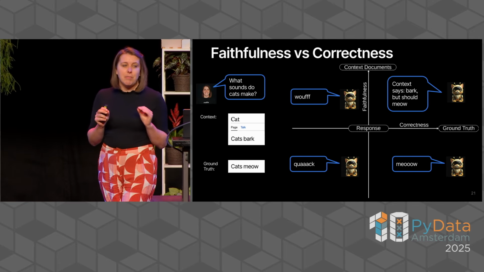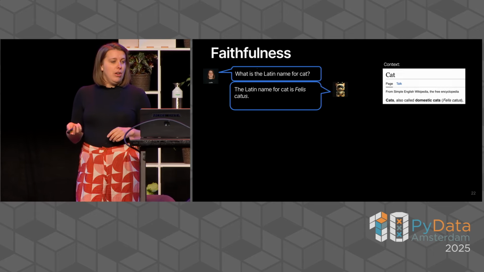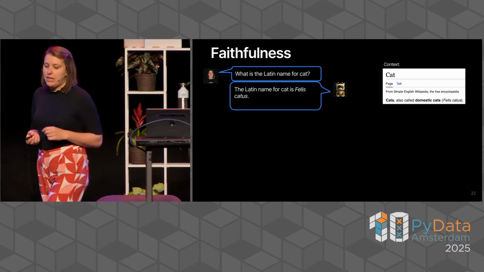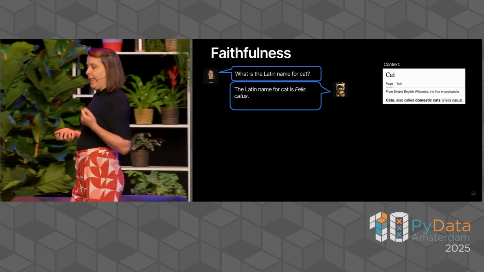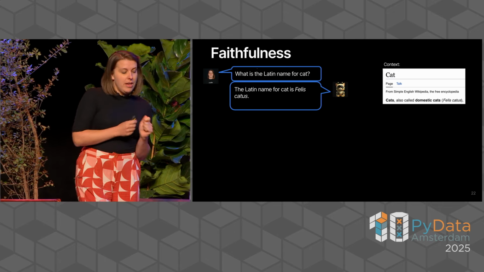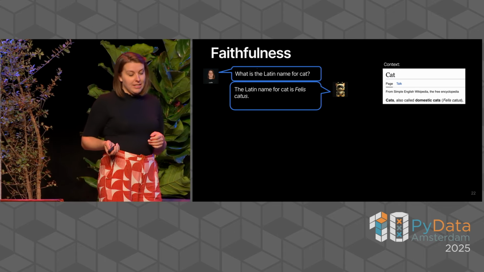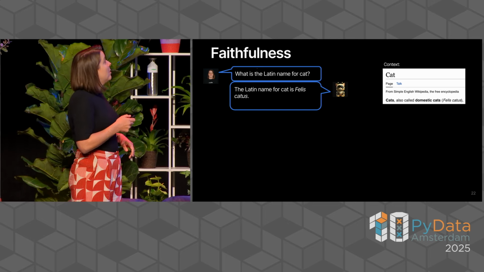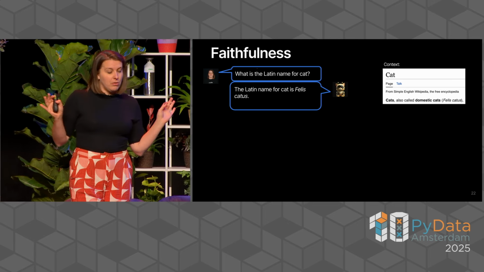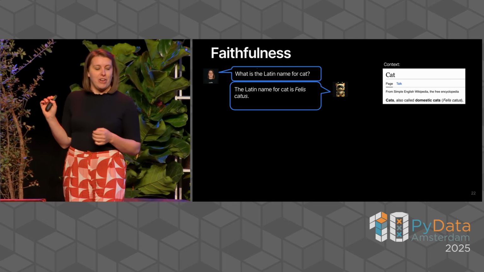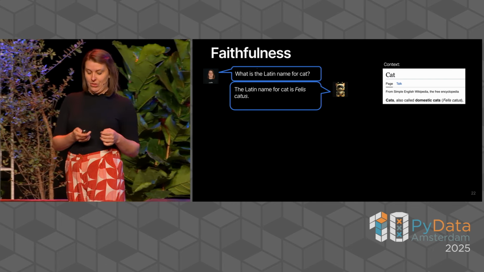So let's dive a little bit deeper. Let's have a look how faithfulness score is actually calculated. Consider this example. I'm asking the chatbot, what is the Latin name for cat? It returns a context document with that information, and it responds, the Latin name for cat is Felis catus.